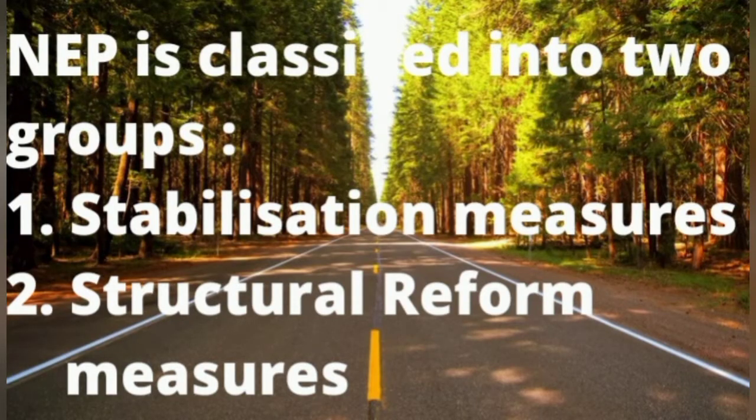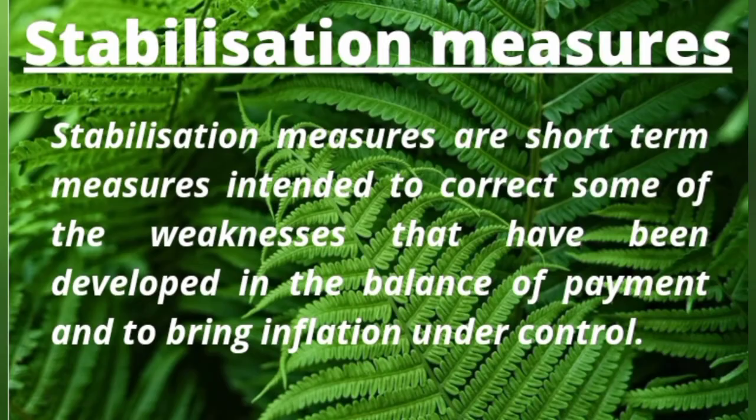Now we are going to look at the classifications of NEP, or New Economic Policy. There are mainly two classifications: stabilization measures and structural reform measures. The first one is stabilization measures. So what are the stabilization measures?